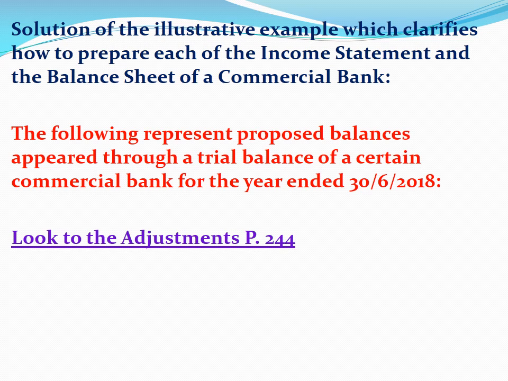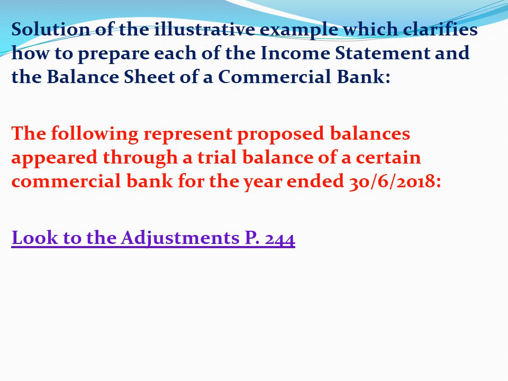The following represent proposed balances that appeared through a trial balance of a certain commercial bank for the year ended 30 June 2018. These balances appeared, and you are asked to use the different adjustments that you will read with me from the book to prepare the three steps we mentioned in the previous slide.